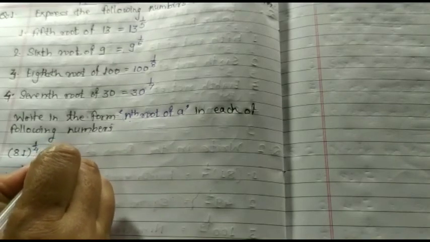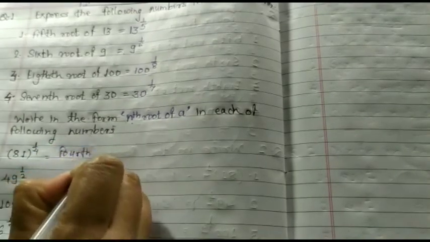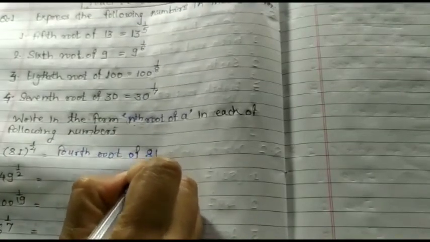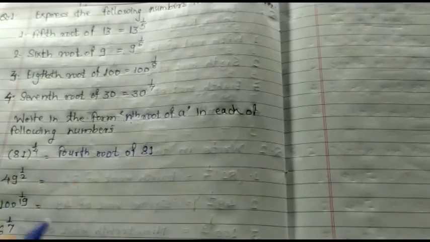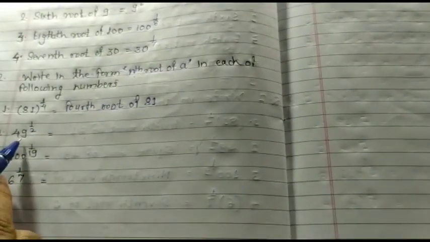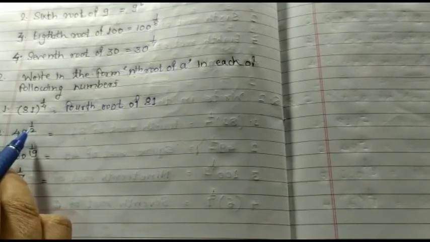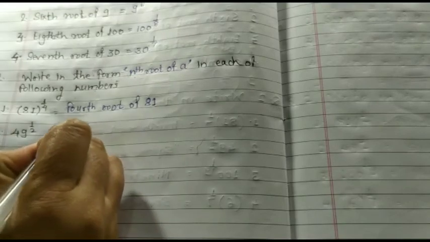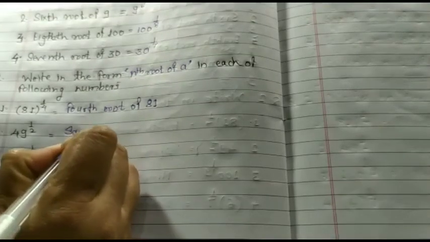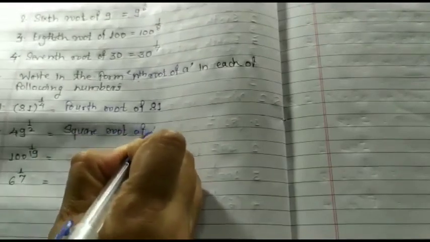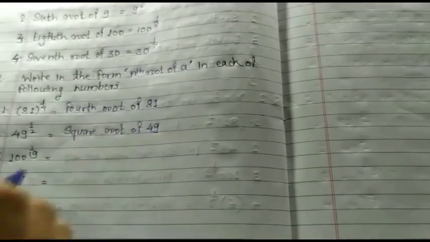Hence, fourth root of 81. Then 49 raised to 1 upon 2, that is the square root of 49.